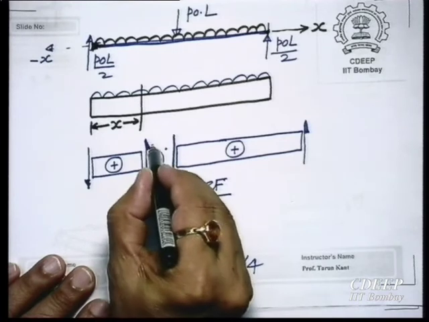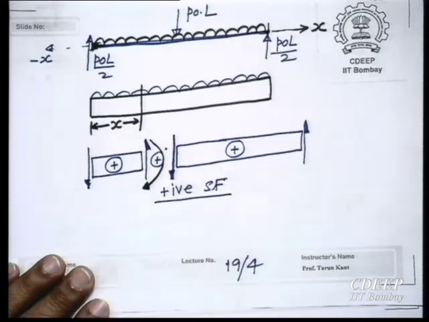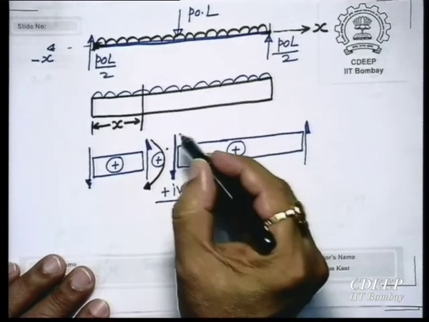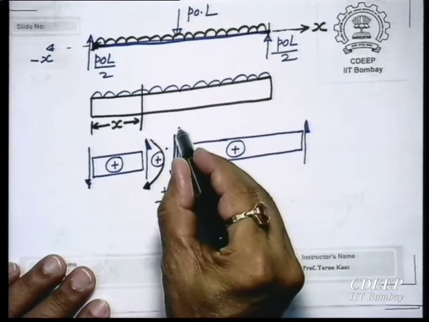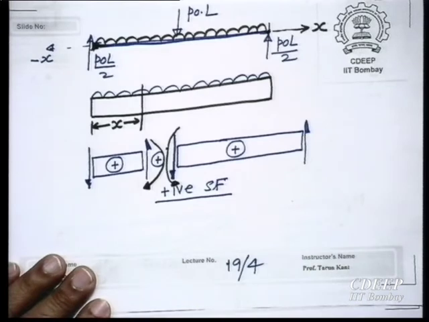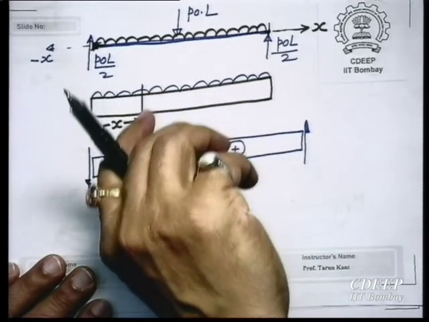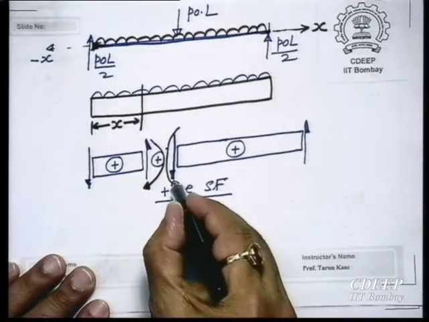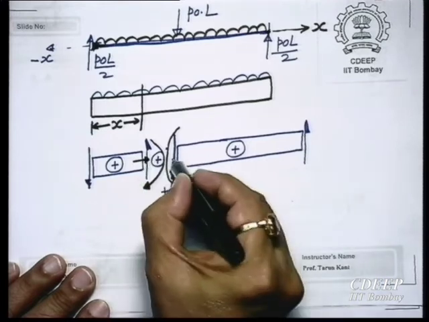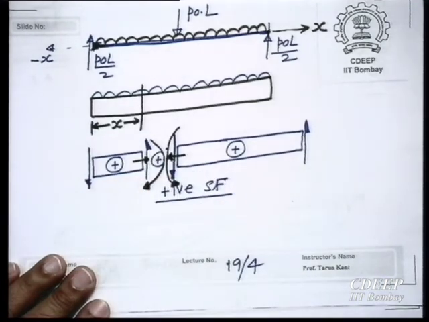Downwards. Is it okay? Like this. What is positive on this side as per Newton's third law? Opposite. If this is clockwise, this must be anti-clockwise. If there is axial force in this direction over here, there must be equal and opposite, so axial force must be like this at any cut section.